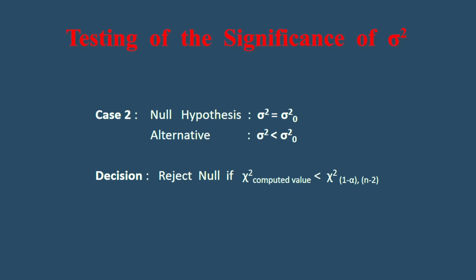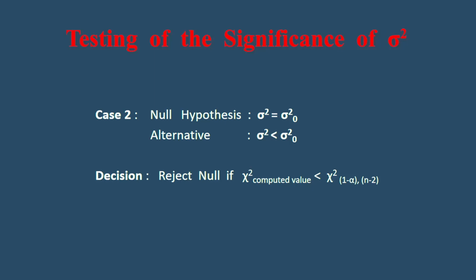Here also we reject the null if the computed value of the chi square is less than chi square 1 minus alpha. There are some important points to be noted in this slide. First of all, the sign is of the less than type because it is operating on the left hand side of the distribution.